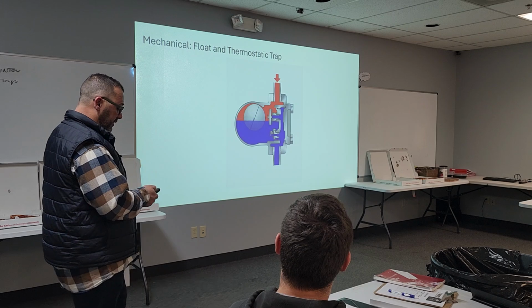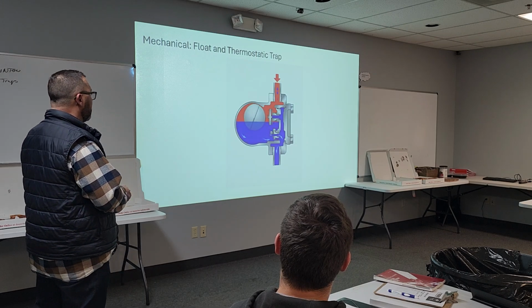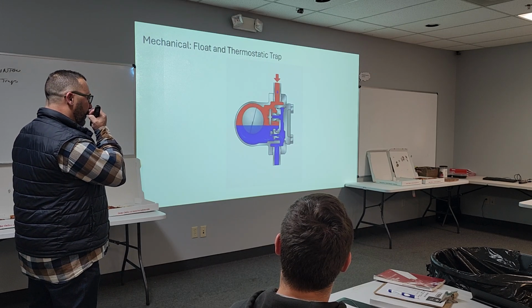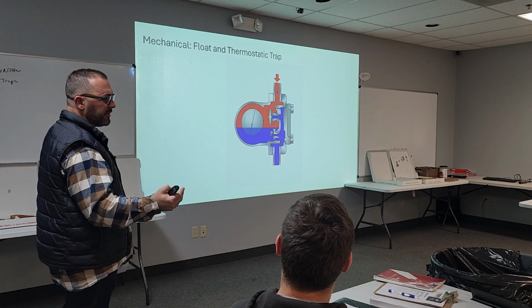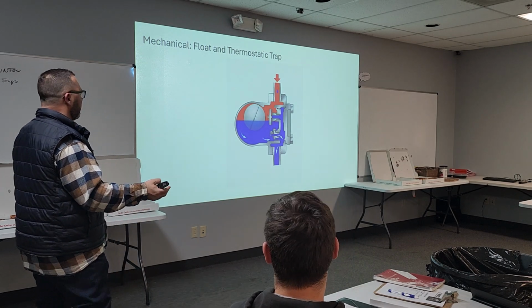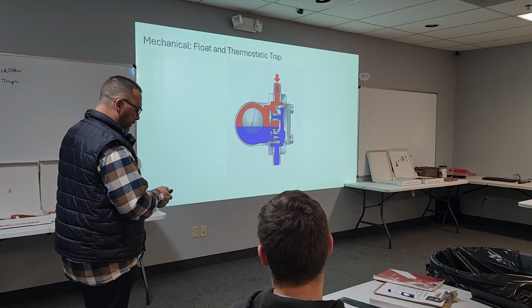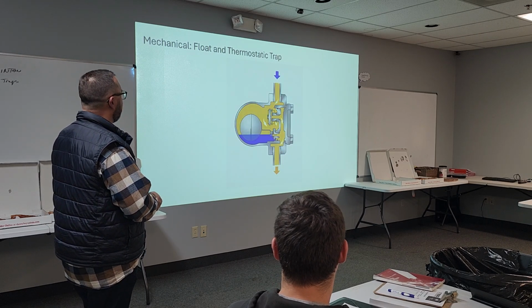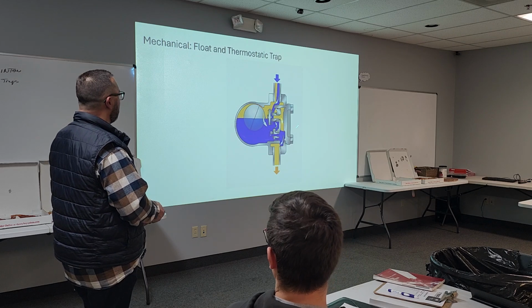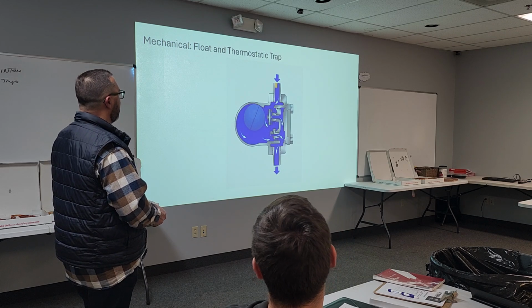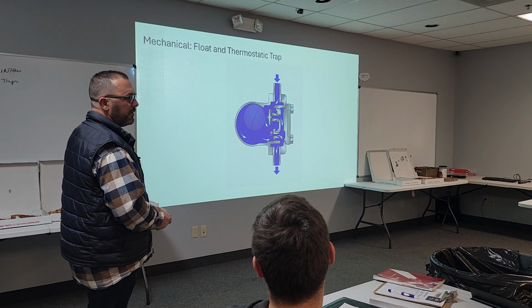You can rebuild these things. Generally, I sell Spyrex Sarco and Watson McDaniel. It doesn't mean we don't sell the other brands, we do. But with Spyrex, for sure, if you don't want to replace a whole trap and you just want to replace the internals, they have what's called a trap module repair kit.